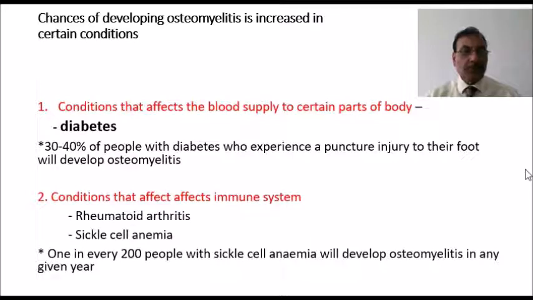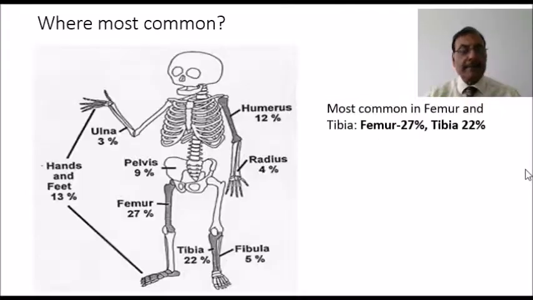Also, there are conditions which affect the immune system, and the commonest one is rheumatoid arthritis, and the second is sickle cell anemia. In sickle cell anemia, 1 in every 200 people is likely to develop osteomyelitis in a given year.